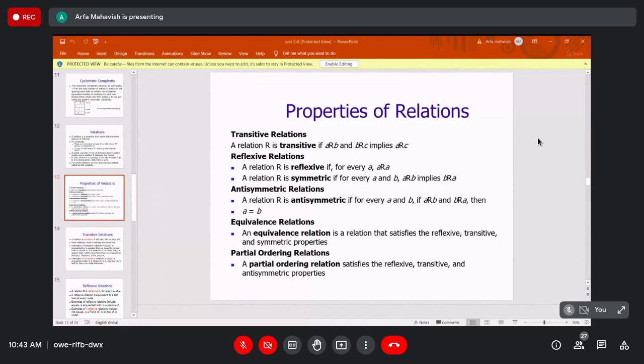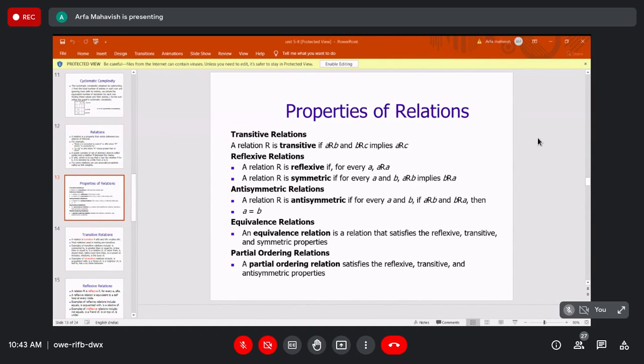Next we have the partial ordering relationship. The relationship which satisfies three properties, that is reflexive, transitive and anti-symmetric, is called the partial ordering relationship.